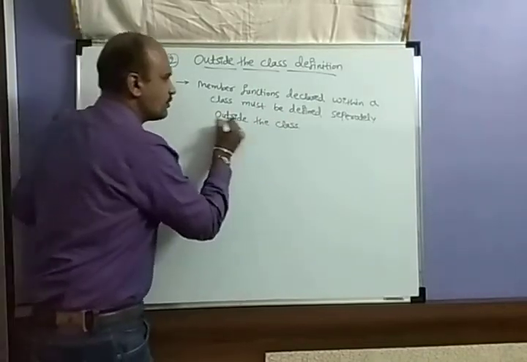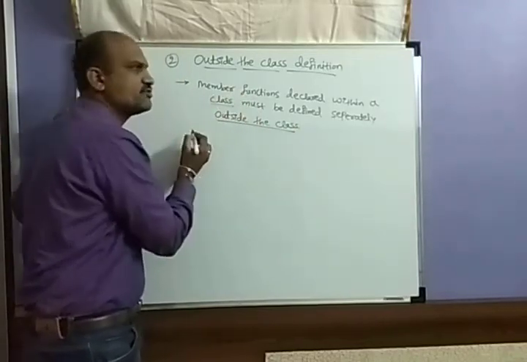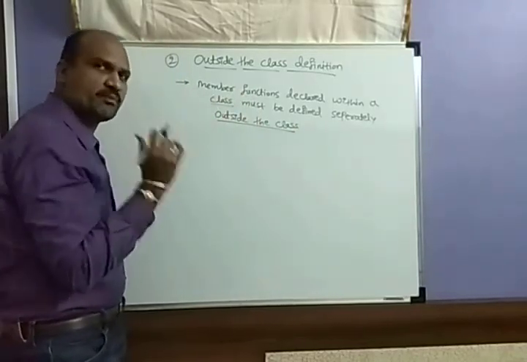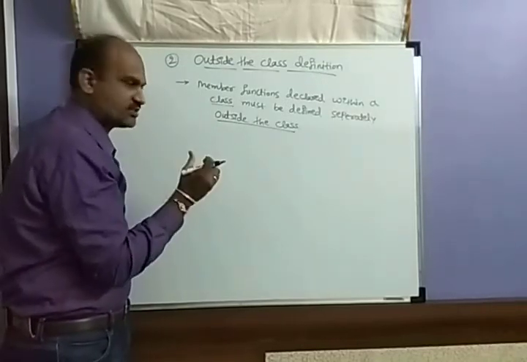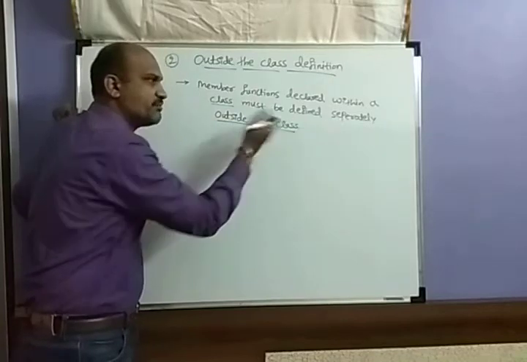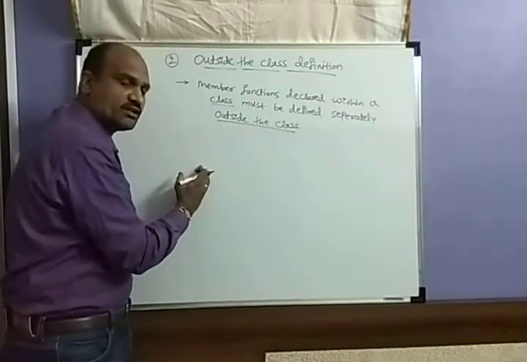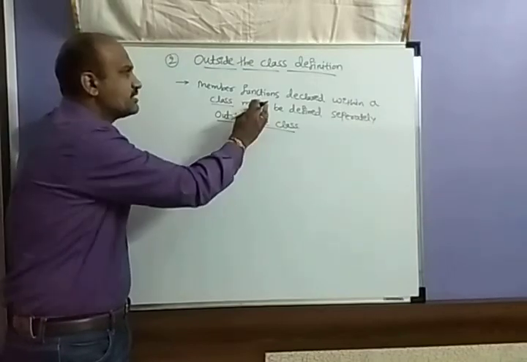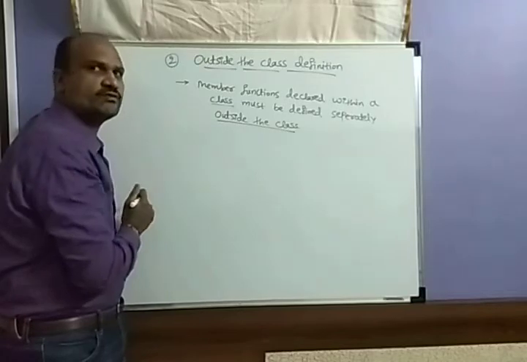What is the meaning of this? Member functions declared within a class, in the public section, whatever name of your function you declare, must be defined separately outside of the class. After finishing your class, you can call those functions separately. That is the meaning of this.